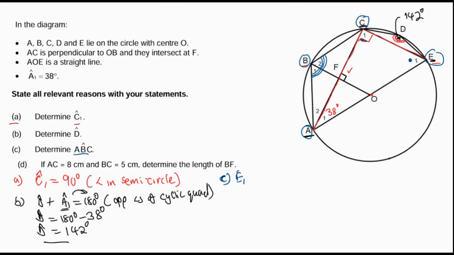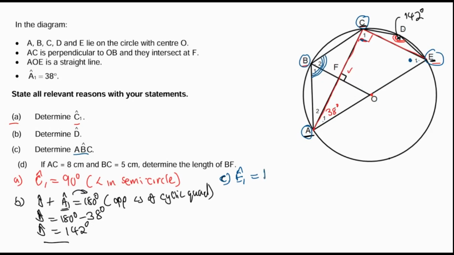Angle E1 is equal to 180 minus 90 minus 38. Or just say, know that angle A1 and angle E1 are complementary angles. They add up to 90. If you say 90 minus 38, you still get the same thing. Okay? Right, you get 52. But let's use interior angles of a triangle.